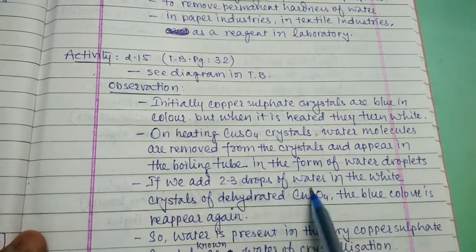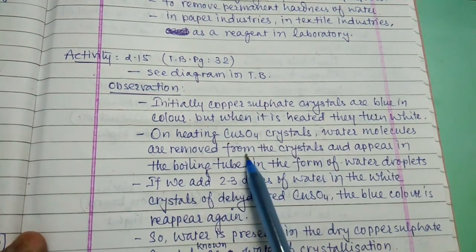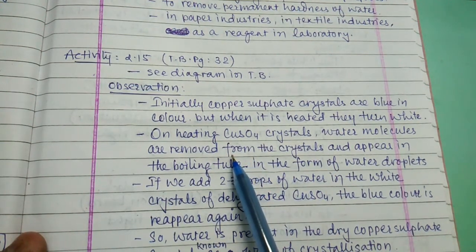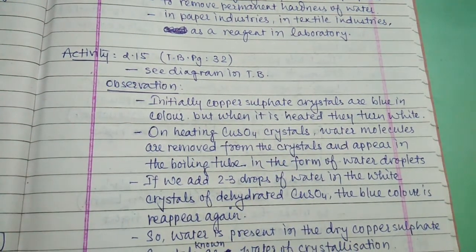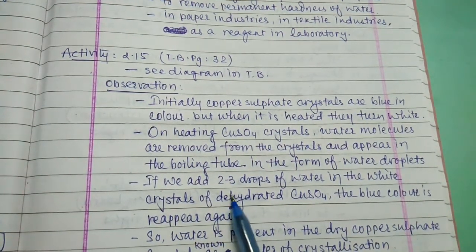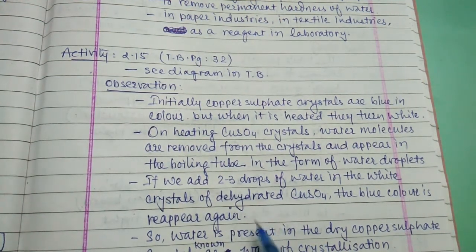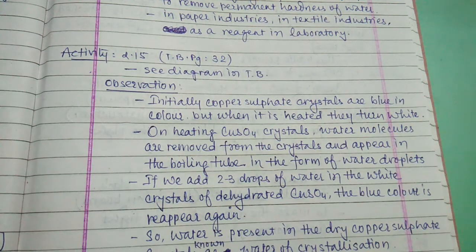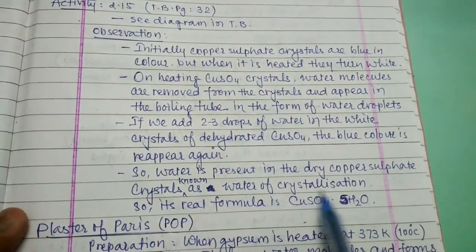If we add 2-3 drops of water to the white crystals of dehydrated copper sulfate, the blue color reappears. When we heat the copper sulfate crystals the water is removed, and it is called anhydrous or dehydrated copper sulfate. Adding water causes recrystallization and the color reappears. So the water present in the crystals is known as water of crystallization.